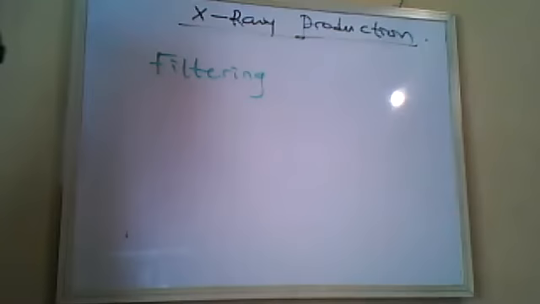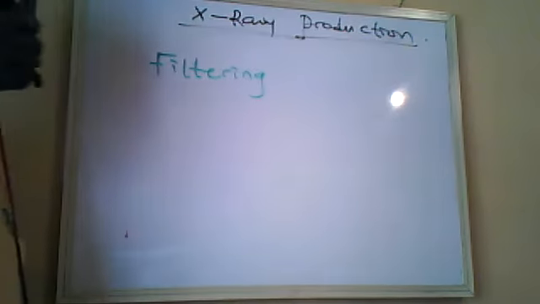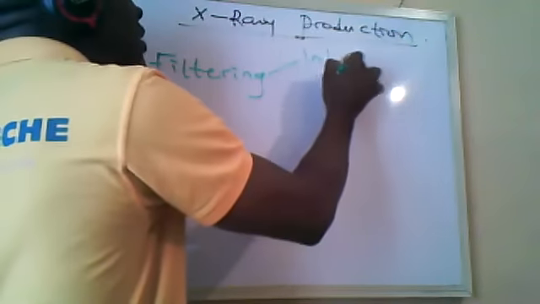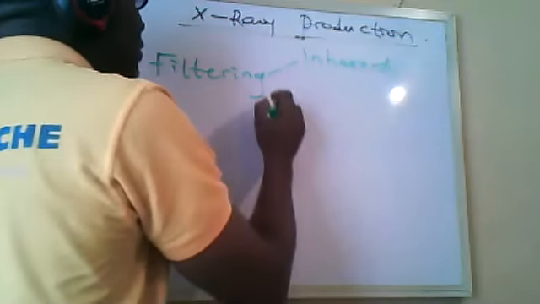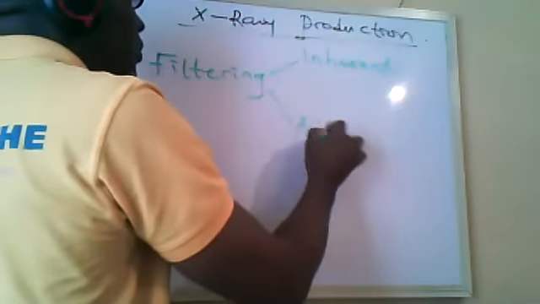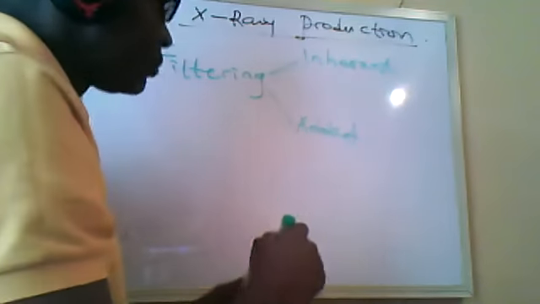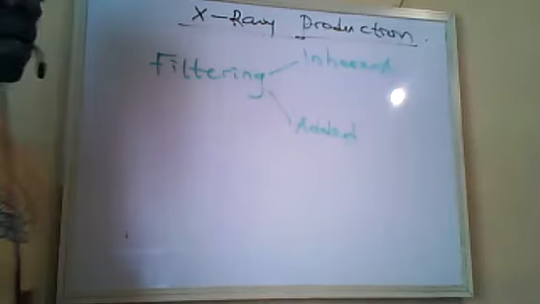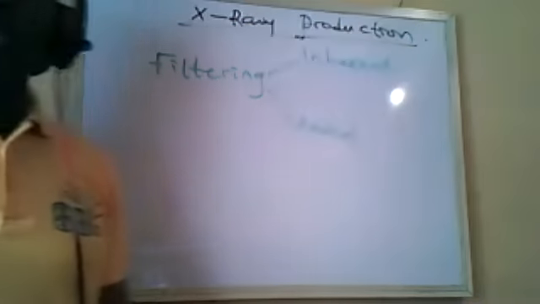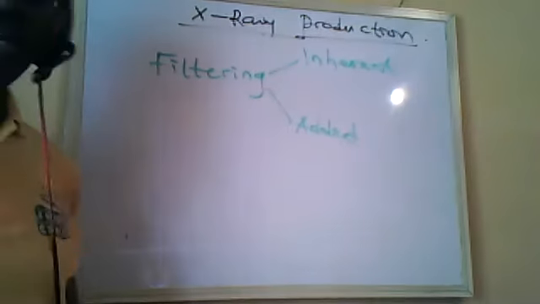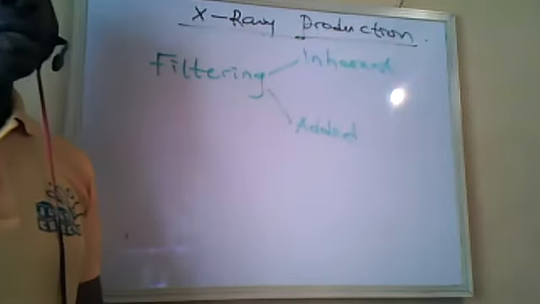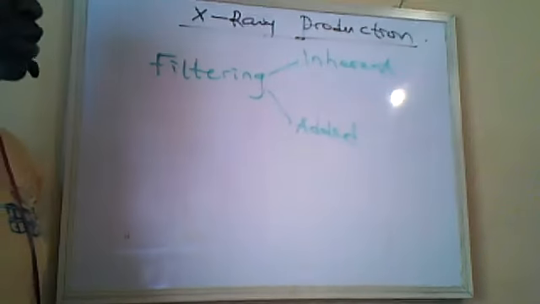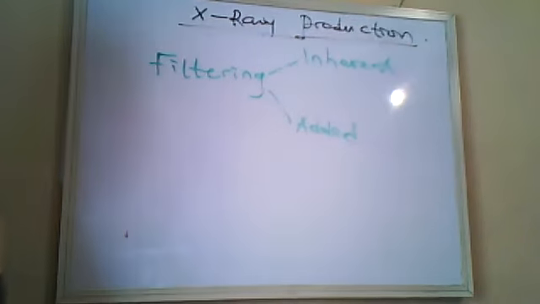You can group them in two broad categories: the inherent filters and the added filters. The inherent ones are there just because of the composition of the X-ray tube, while the added ones are those that have been intentionally added to take away the low energetic photons.